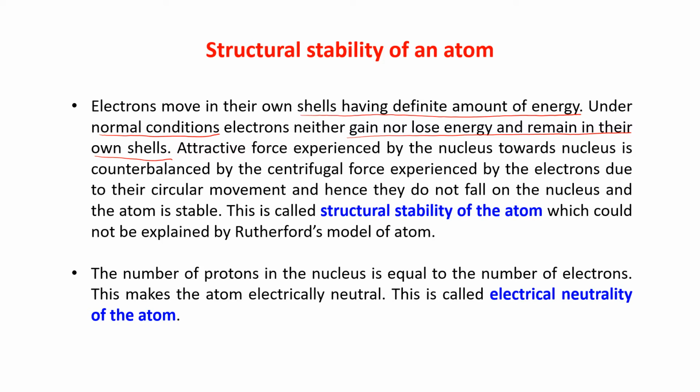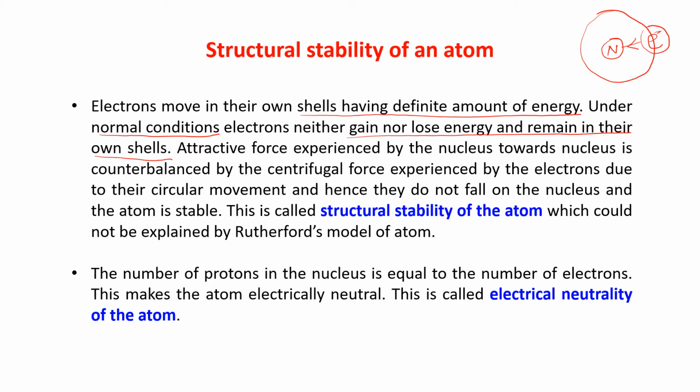What actually it is saying: suppose this is the nucleus and the electron is moving in this orbit. Now there is an attractive force between the nucleus and the electron, because the nucleus has positive charge, because the proton is present there, and electrons have negative charge.